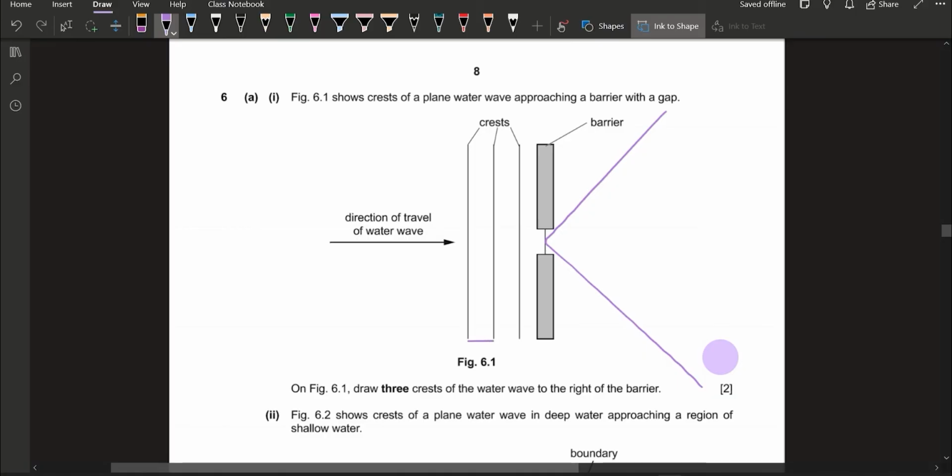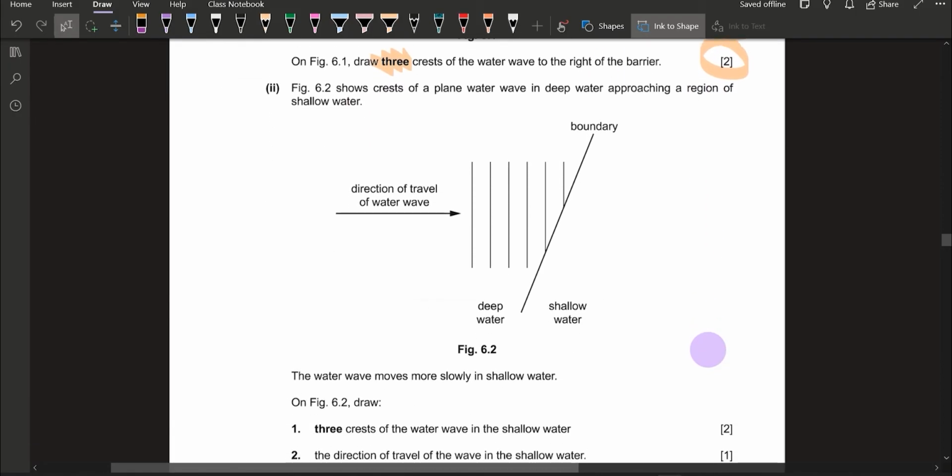It's around this much, so we can add space in between like this, and here we can draw the crust. And it's going to be like this. They told us to draw only 3 crust, so we are only gonna draw 3 crust, and we could probably erase these lines, and it's gonna be like this. So we'll get 2 marks for this.